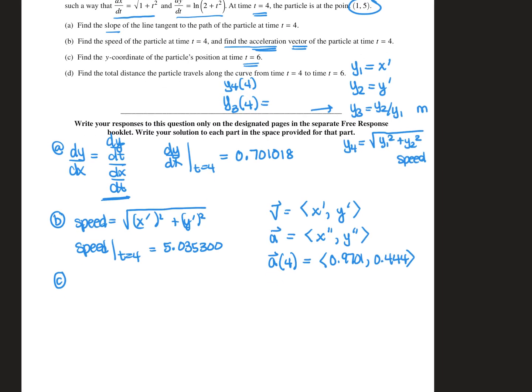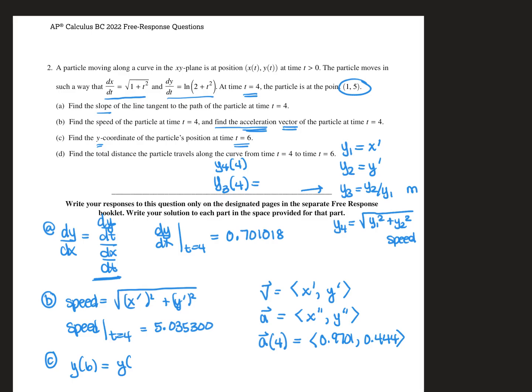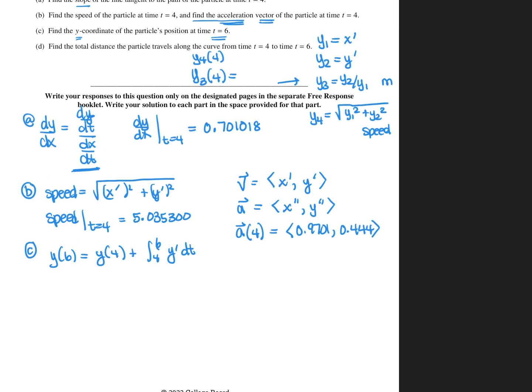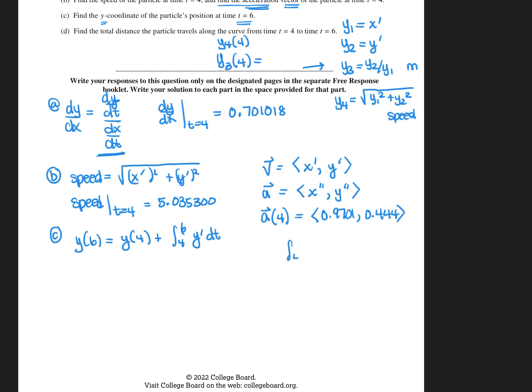So if I want the y-coordinate at time 6, that's going to be the y-coordinate at time 4, plus we'll integrate from 4 to 6 of y prime. This is just the fundamental theorem of calculus. If you rearrange things, the integral from 4 to 6 of y prime is y of 6 minus y of 4.